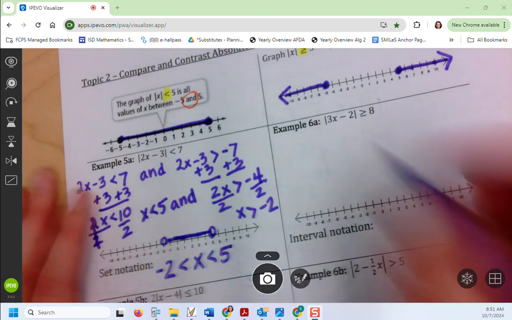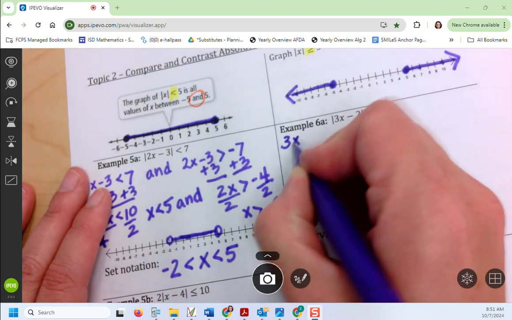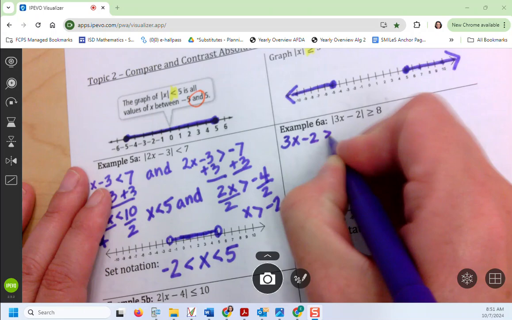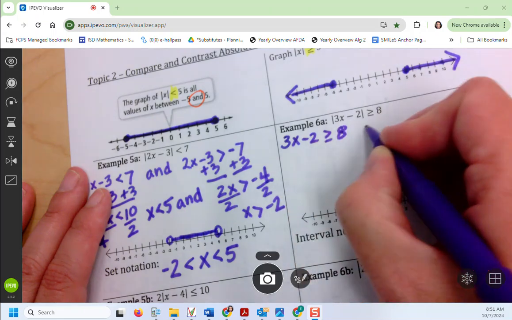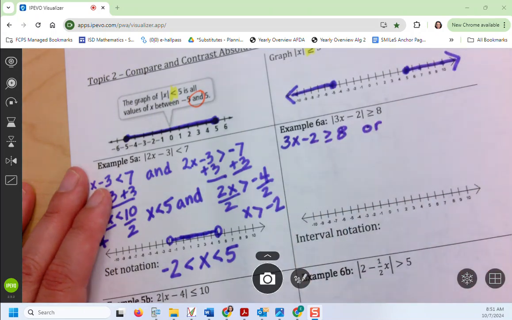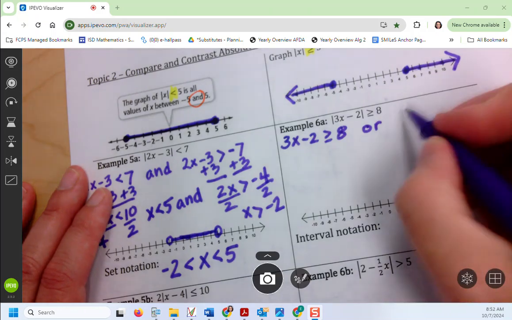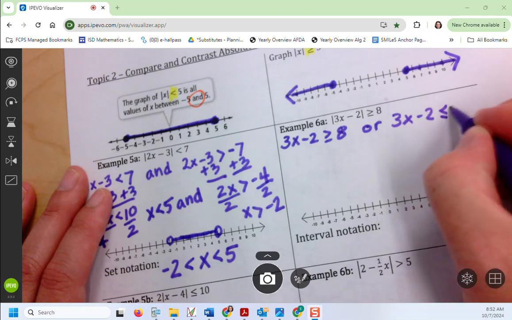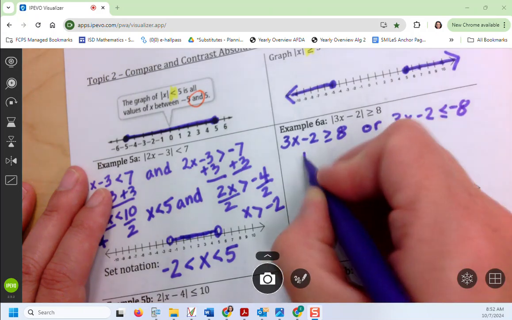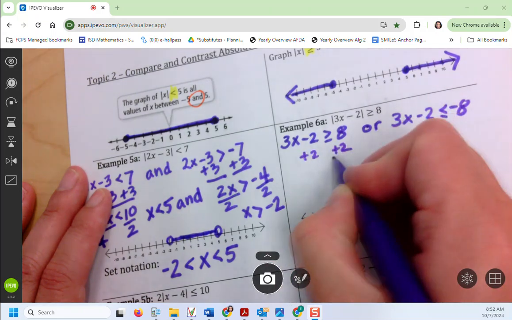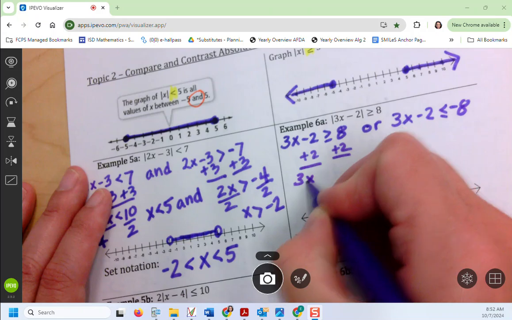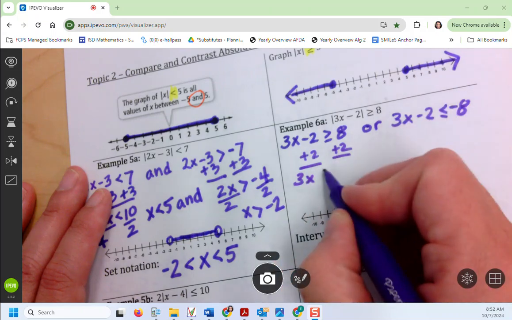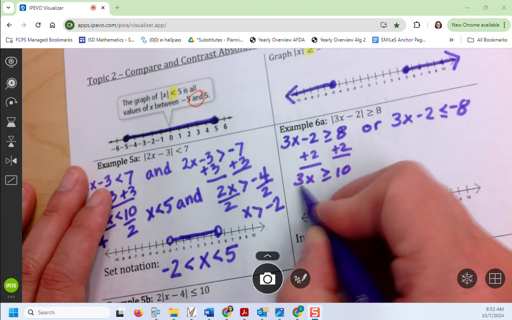All right, so I saw a lot of you start by setting this up. Greater than or equal to 8. Or, when you start with a greater, you have an or in between. 3x minus 2 less than or equal to -8. So you're going to solve by adding 2. 3x greater than or equal to 10, and then divide by 3.